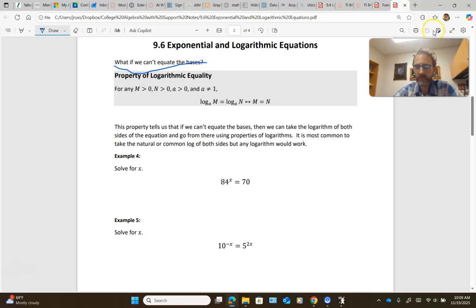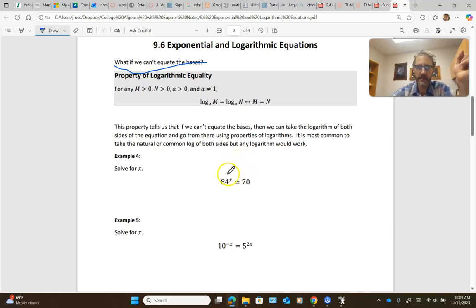And so we're going to actually use logarithms to undo what an exponential function does. Or in other words, similar to how when you're solving a linear equation, the last step you do is divide both sides by some number, because the inverse of multiplying is dividing. Well, that's what we're doing here.